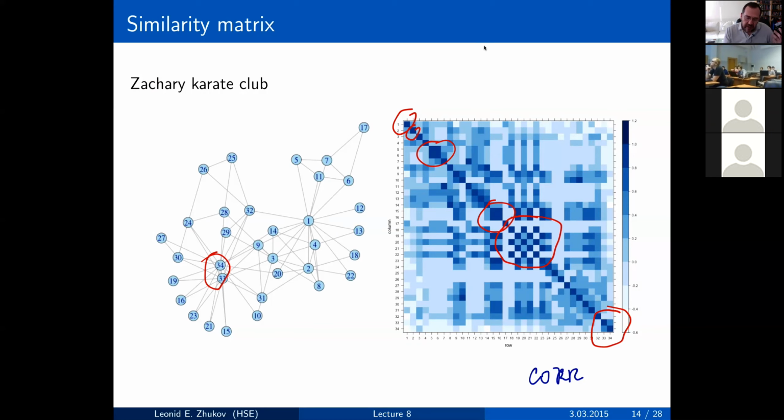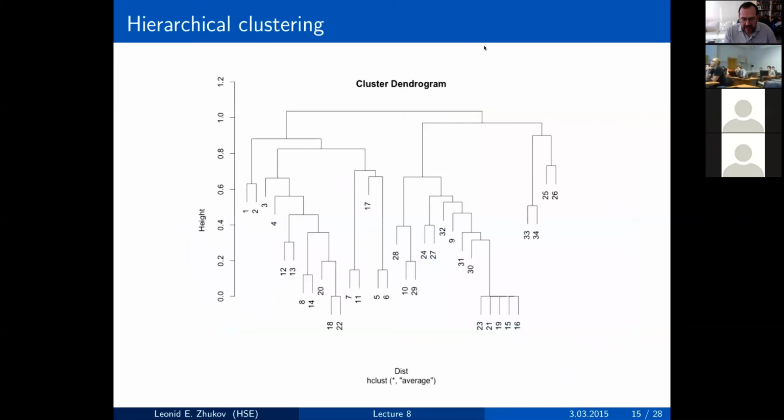So if we do this, then we can just take this matrix and feed it into clustering algorithms, right? Hierarchical clustering. And I used, say, average linkage, and this is a picture I got, and what it shows is there is this guy that has been, for example, merged first, and there is this, and so on and so forth.